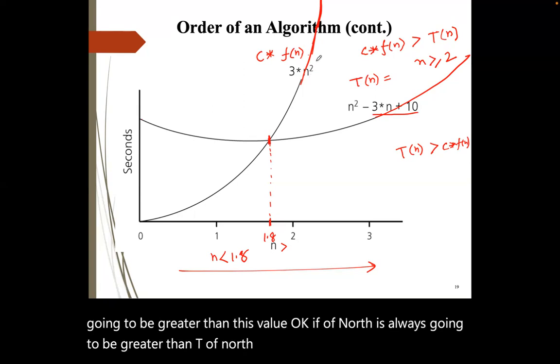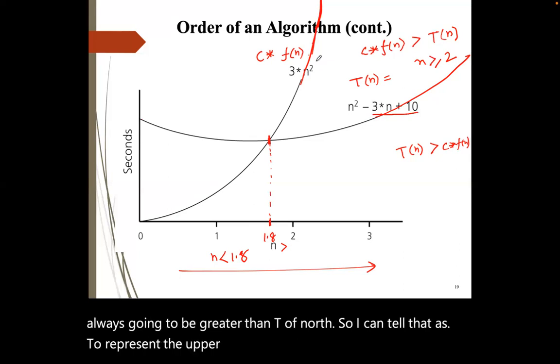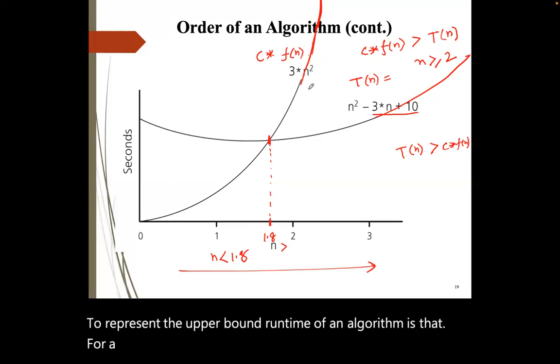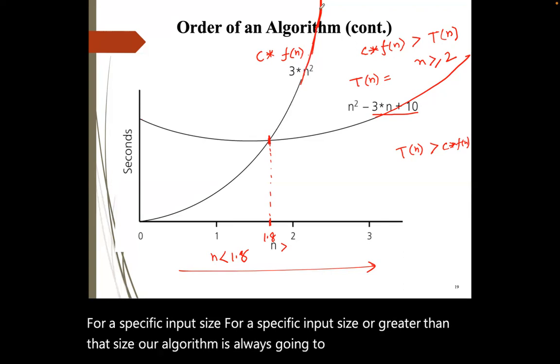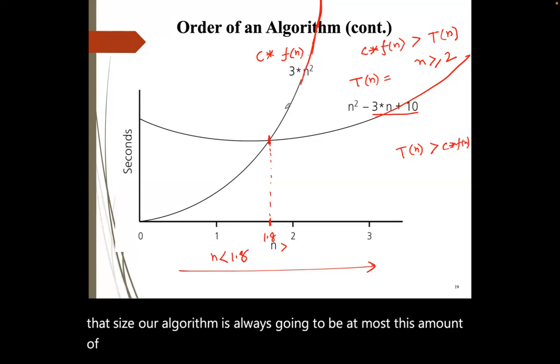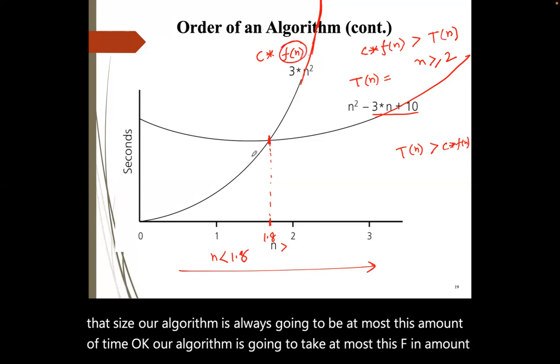So to represent the upper bound runtime of an algorithm, I can say that for a specific input size, or greater than that size, our algorithm is always going to take at most this f(n) amount of time.